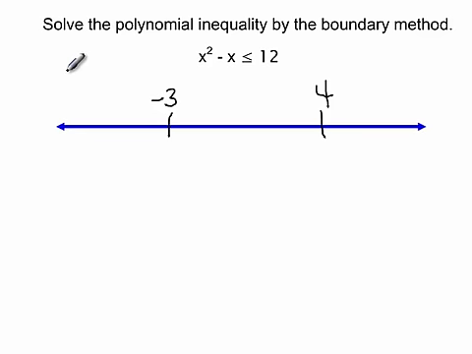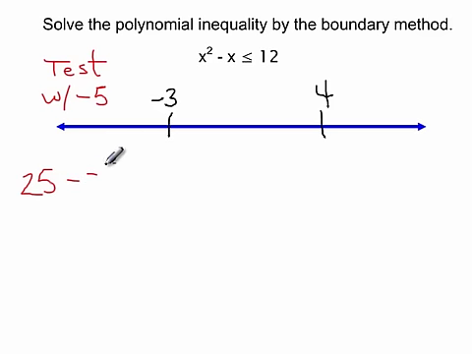Pick any number you want from negative infinity up to negative 3. Let's test with negative 5. Plug in negative 5 here. Negative 5, square it, you will get a positive 25. Minus a negative 5.